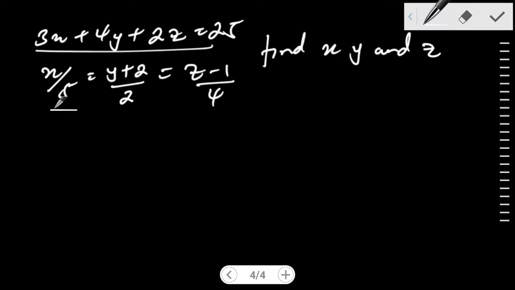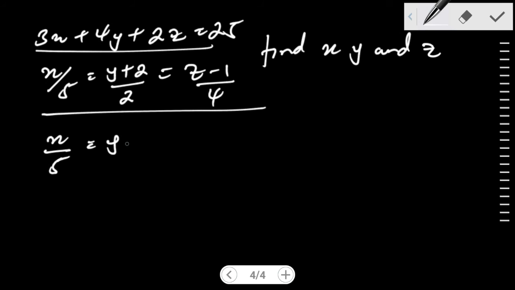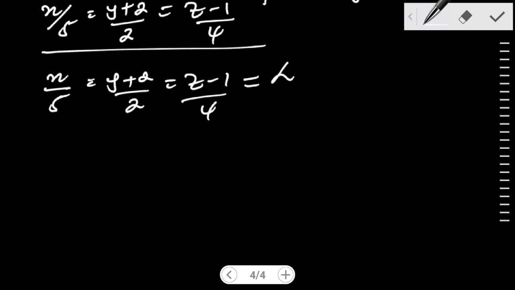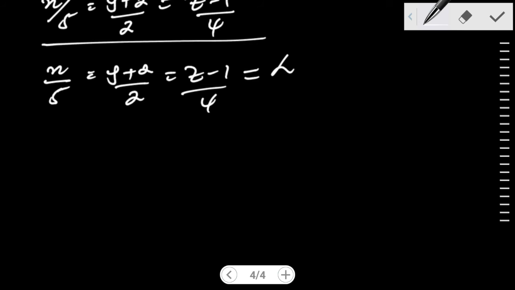Now get this Cartesian equation, yes, and say that x out of 5 is equal to y plus 2 out of 2 is equal to z minus 1 out of 4. Make the whole of this equal to a constant, let's say lambda. Having done so, now express all of them in terms of that lambda. So x out of 5 is equal to lambda, so x is equal to 5 lambda.